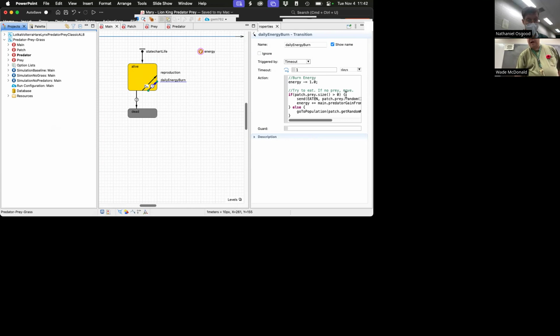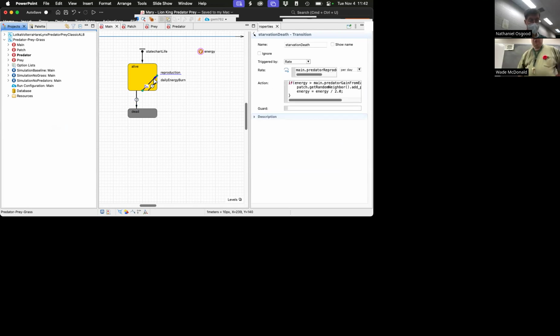If there is a prey animal at the same location, they will kill it and eat it. If there's no prey in the current location, they'll randomly go to an adjacent patch in search of prey. Predators, nothing eats the predators. We only have one level to our food web in this model, but they can starve to death if they can't find enough prey.